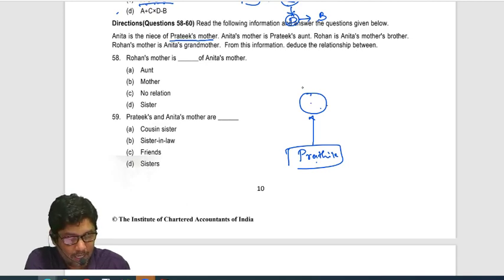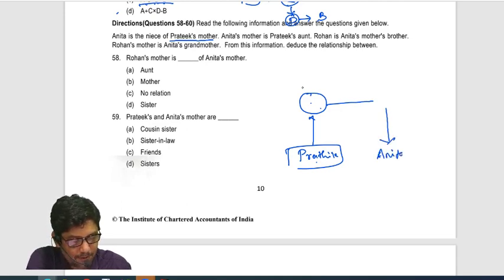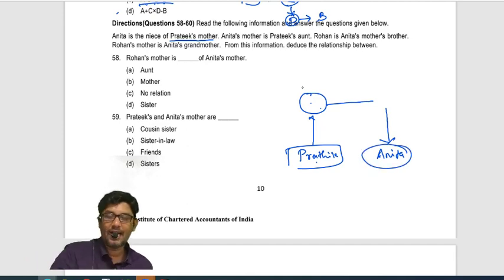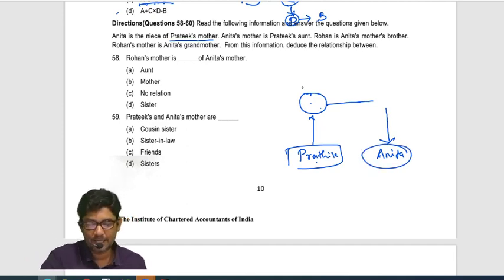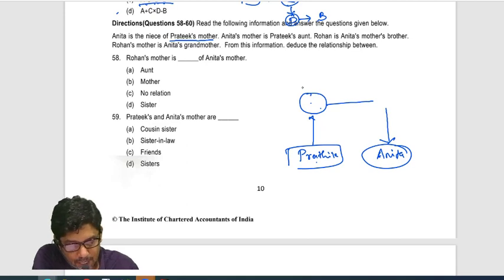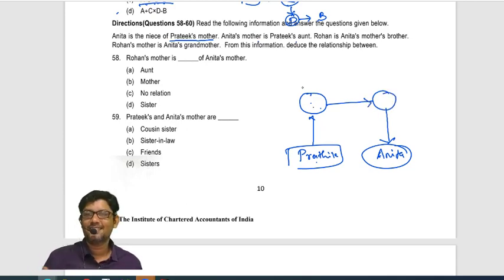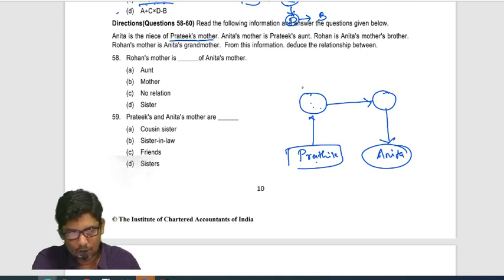That means Anita has got a brother or sister, and that brother or sister has got what? Anita. So now can we say Anita is niece of Pratik's mother? Anita's mother is Pratik's aunt. That means what? They are sisters. They are sisters now. Okay, next step.